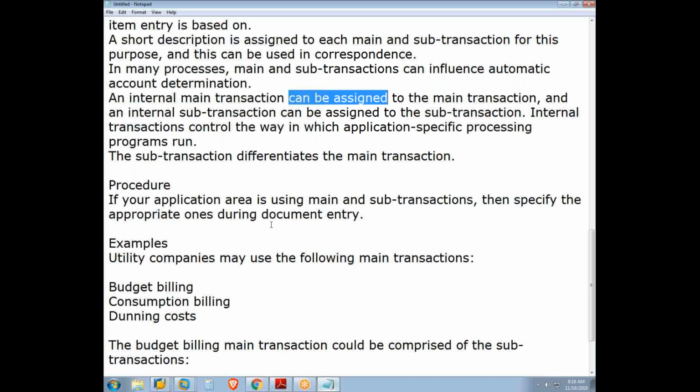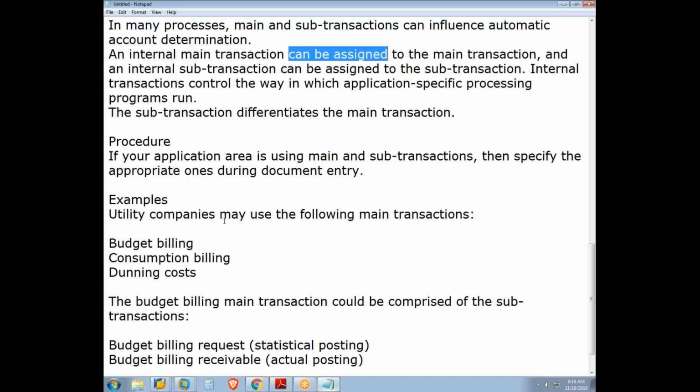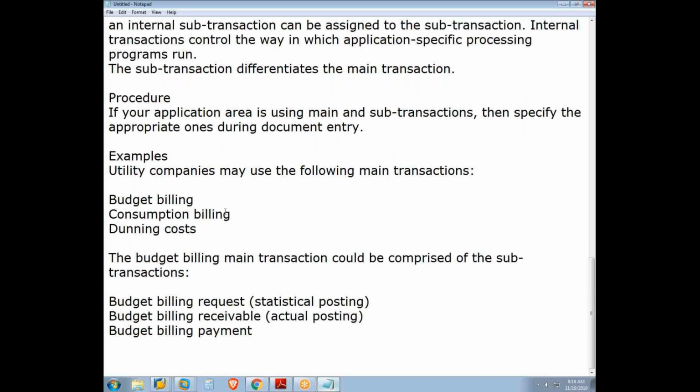But if you are posting an entry directly into FICA, like the miscellaneous receivables or sundry receivables, in that case you have to specify the main transaction and sub transaction, then only the document can be posted. Now, for example, utility companies may use the following main transactions: budget billing, consumption billing, dunning cost.